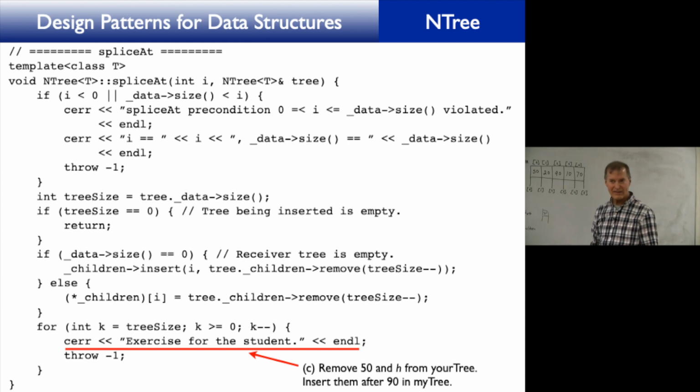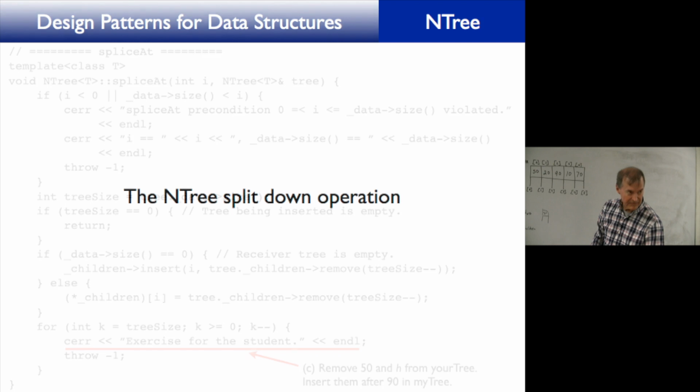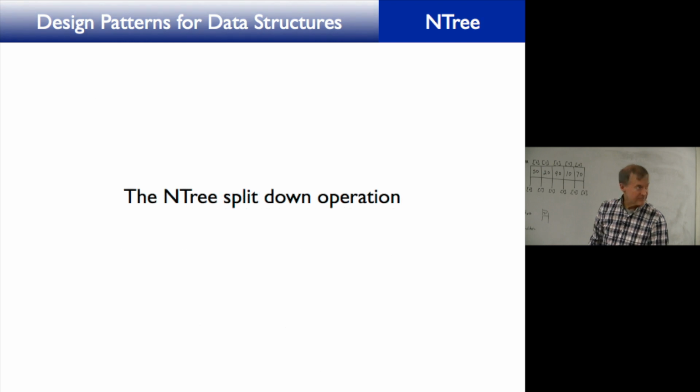I think you can handle that. I see some heads nodding. Are we good? Okay, so this is how you remove 90 and H from your tree and insert them after 90 in my tree, and that happens in a loop. All right?